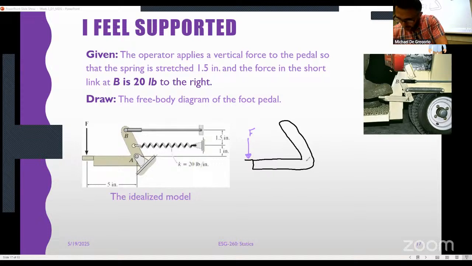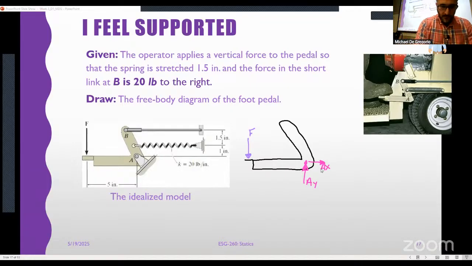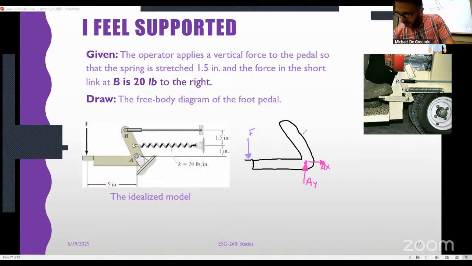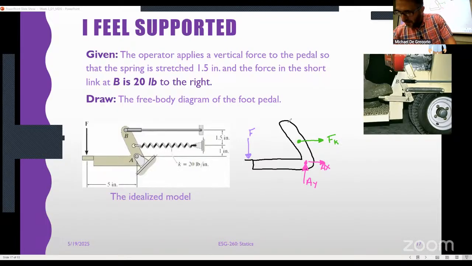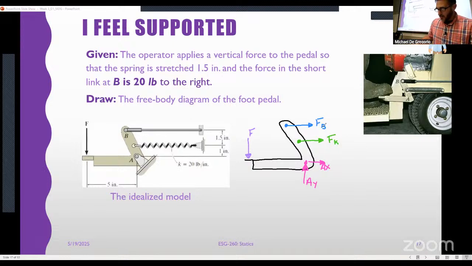So at point A, I'm going to have AY and AX. We know that we have some spring force here. I'll call it very creatively F sub K. And then our last one at point B, we have FB. There's our free body diagram.